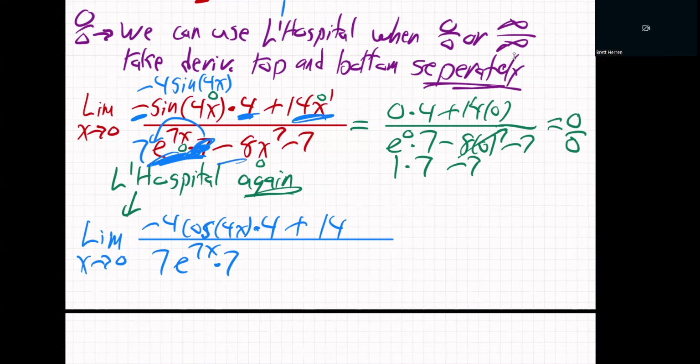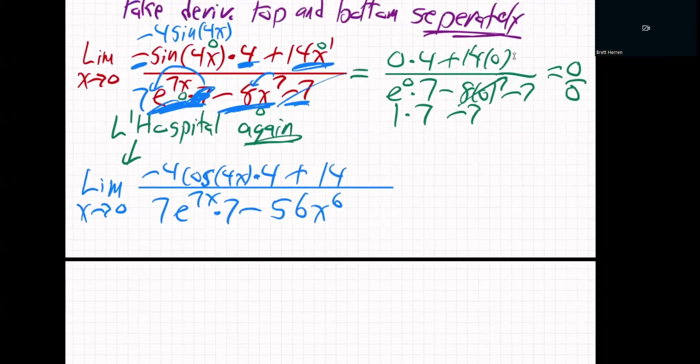And this, oh wait, they're not multiplying. Let's try that again. We're just doing this guy. Sorry about that. Minus 7 times 8, 56x to the 6, and then this just goes to 0, doesn't it?